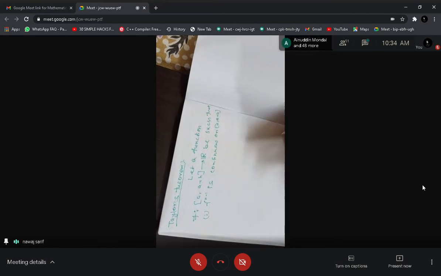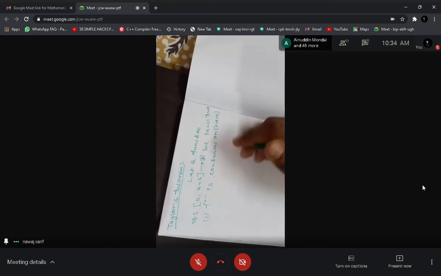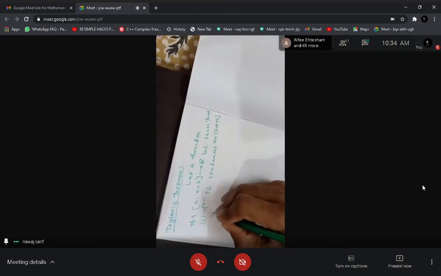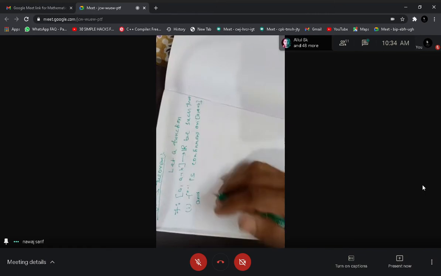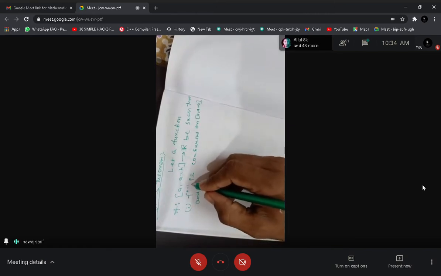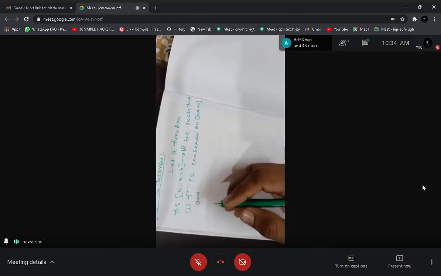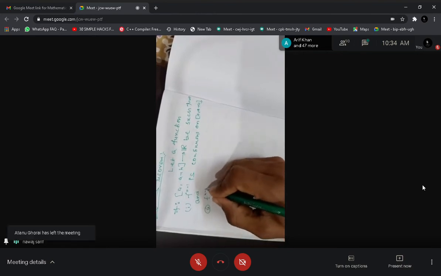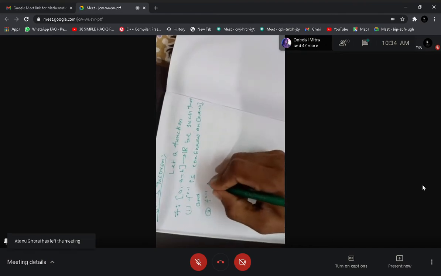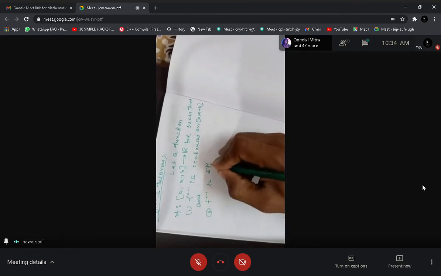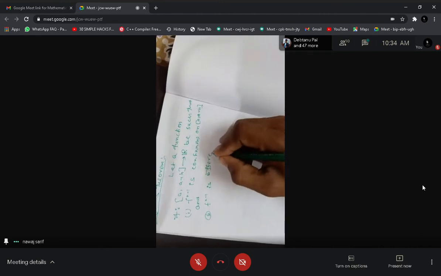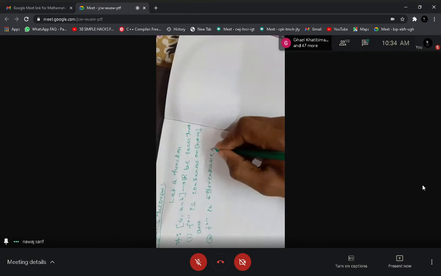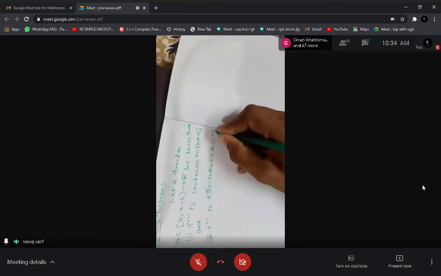What is f of n minus 1? It is the n minus 1th derivative of the function. Number 2, f of n minus 1 is differentiable on the open interval a comma a plus h.